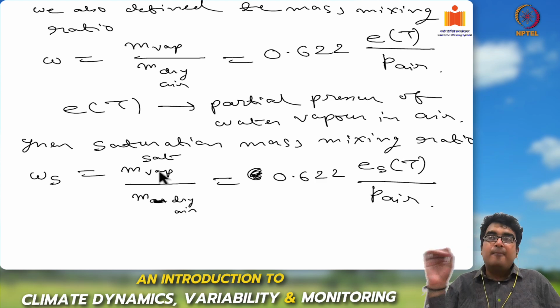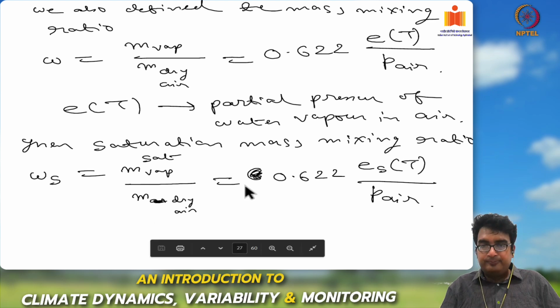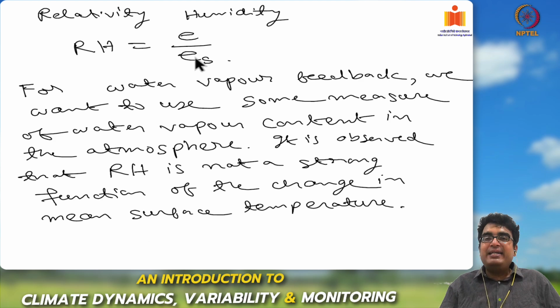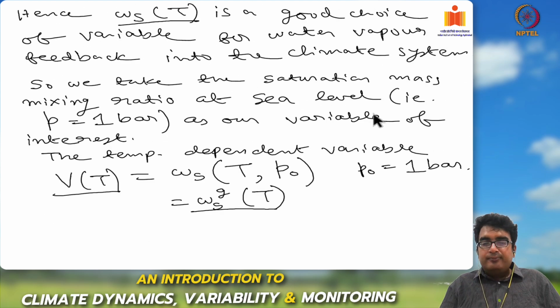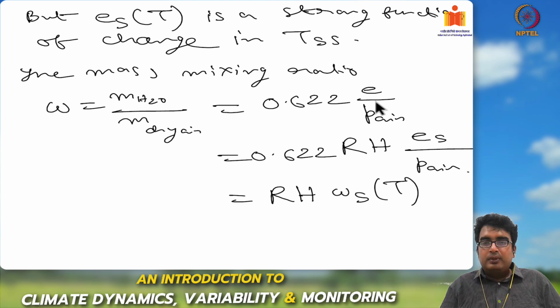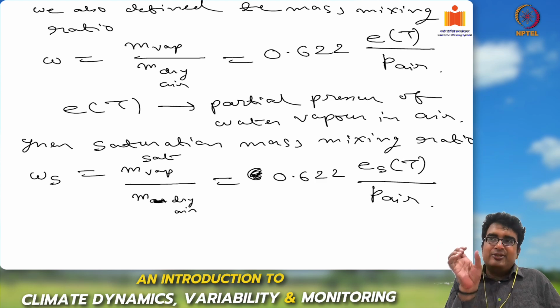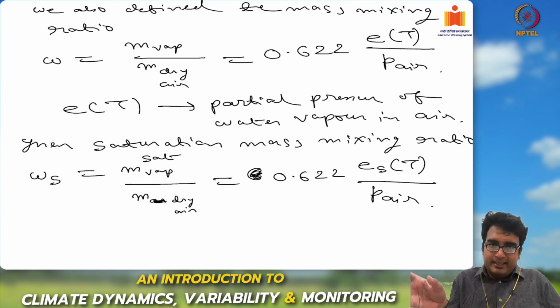So this is the mass of water vapor under saturation condition by mass of dry air. And relative humidity is E by ES. Okay. So notice, this term we can write as E by ES into ES, so relative humidity into ES(T). Okay. So omega is relative humidity into omega S.